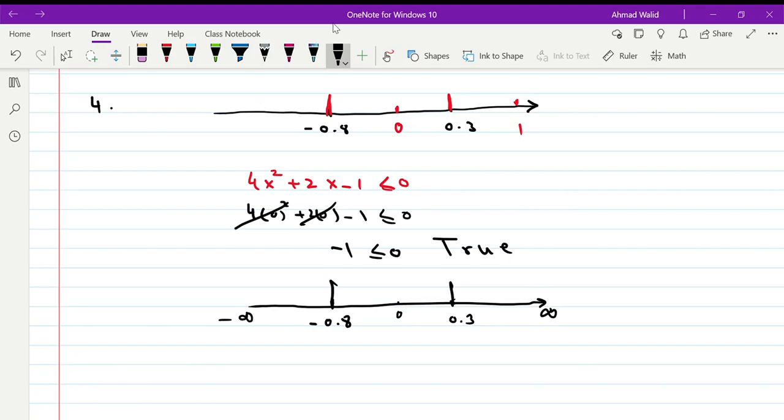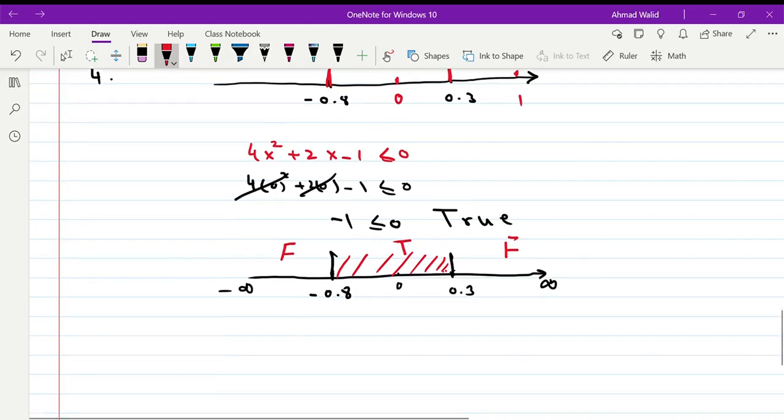If 0 is true, I told you, because I'm dealing with polynomial functions, then this one becomes false, this one becomes false, because it's a pattern of true, false, true, false. Believe me, even if you plug in 1 in your inequality, you will end up with a false statement. Now, where is my solution?